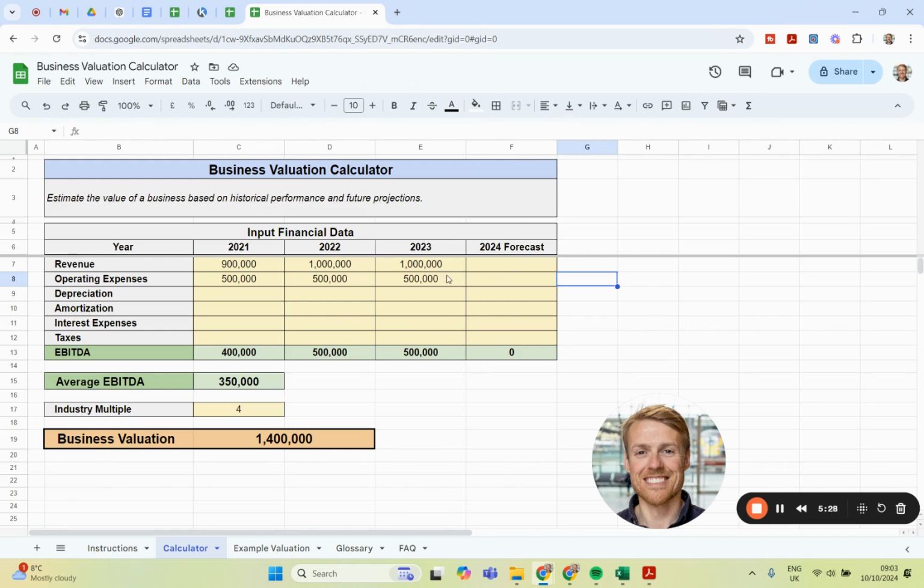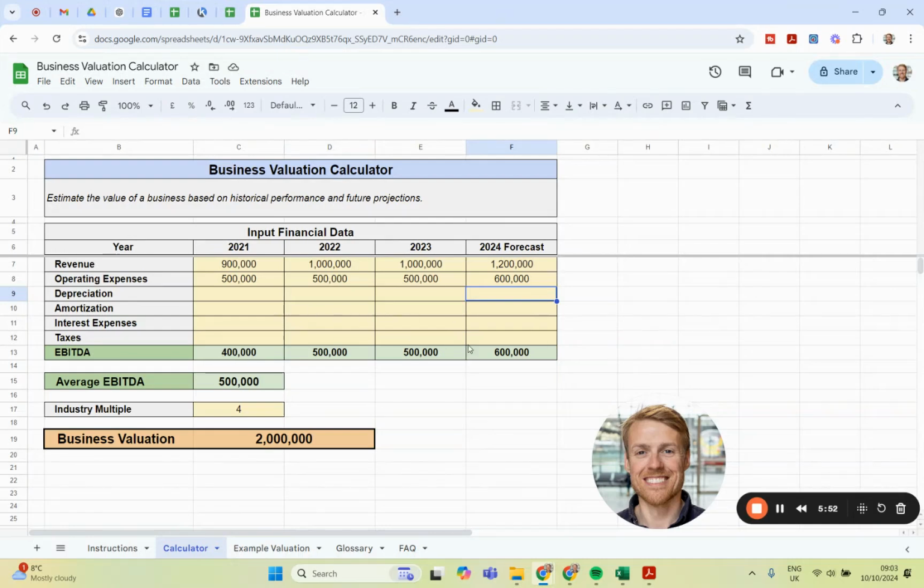So in this scenario, I've got the previous 3 years of accounts for this business, and looking at the 2024 forecast, speaking with the seller, I'm estimating that they're going to do 1.2 million in revenue, and I'm estimating that the operating expenses have gone up by 100,000. And so we start to fill this out.